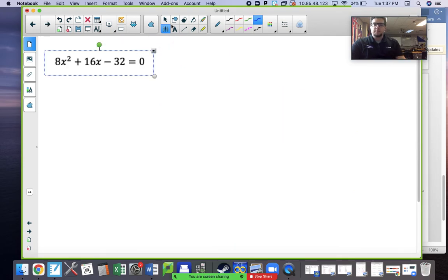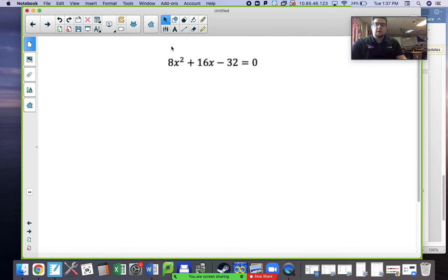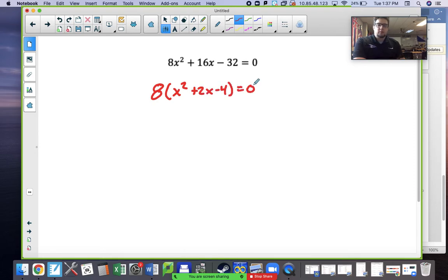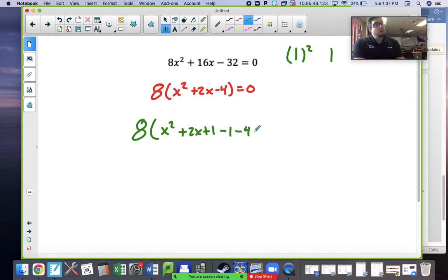Next one. We have a number in front of our x squared. So the first thing we're going to do is factor that 8 out. So there's what our equation looks like. Now let's complete the square. Half of our middle term is 1. 1 squared is 1. So we still have that 8, just chilling. x squared plus 2x plus 1 minus 1 minus 4 equals 0.